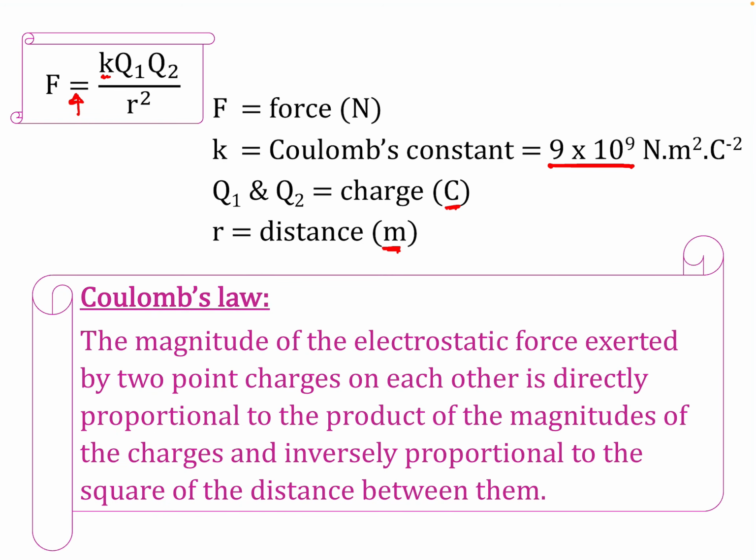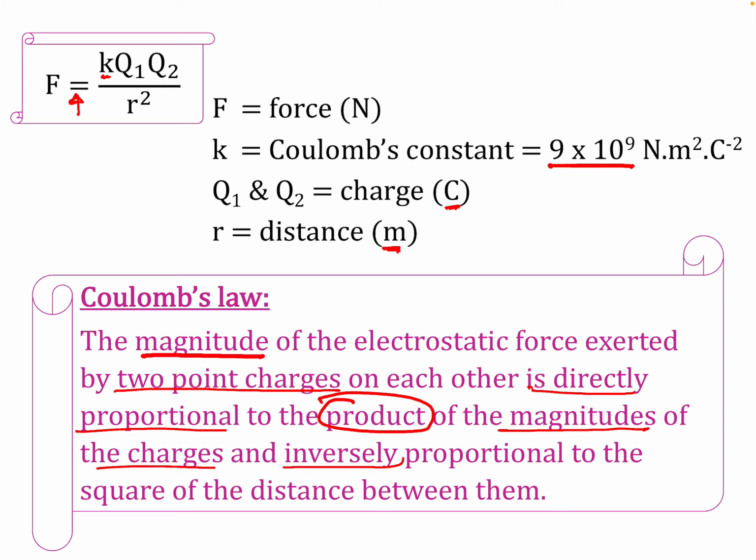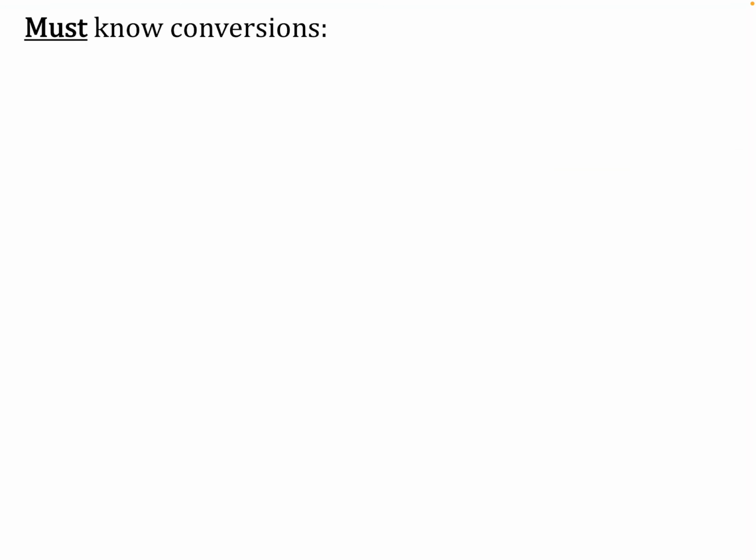So that gives us Coulomb's law as a statement. The magnitude, so this doesn't tell me direction, we'll deal with that later, of the electrostatic force exerted by 2 point charges on each other is directly proportional to the product of the magnitudes of the charges and inversely proportional, not indirectly, inversely proportional to the square of the distance between them.